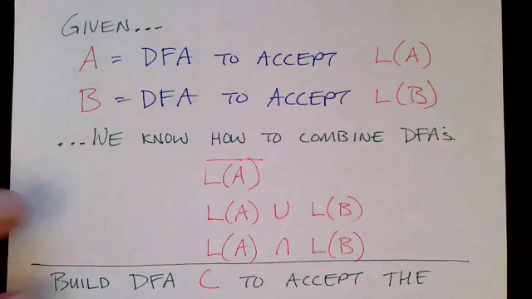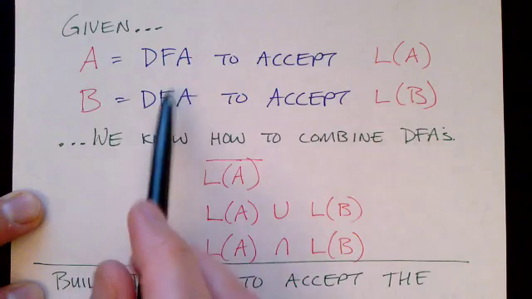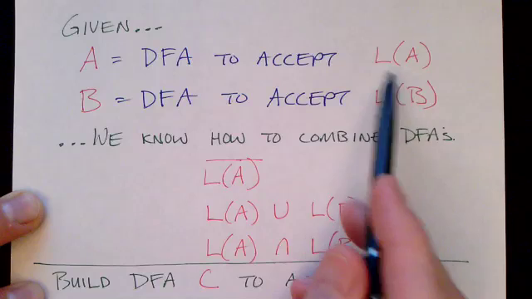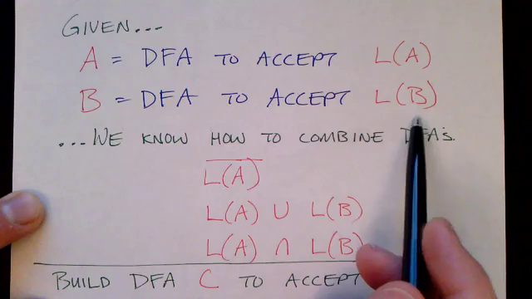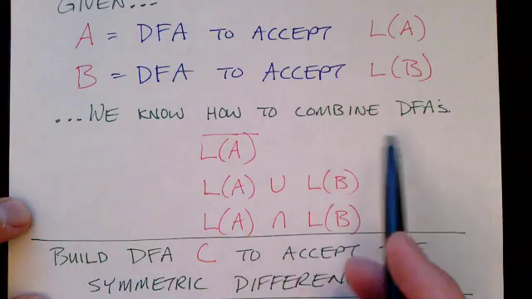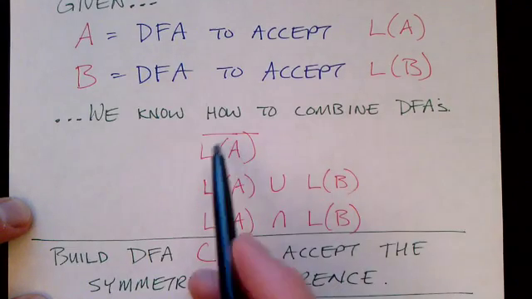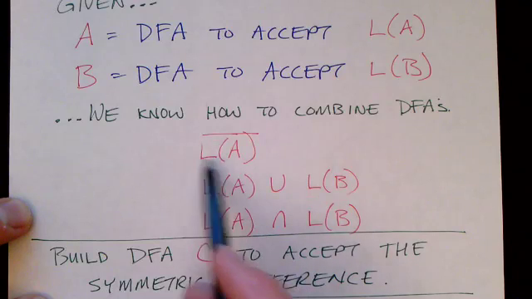How do we do that? Well, we're given two deterministic finite state machines. One accepts the language of A and one accepts the language of B. So we know how to manipulate deterministic finite state machines. We know how, for example, given a finite state machine, to modify the machine so it accepts the complement language.